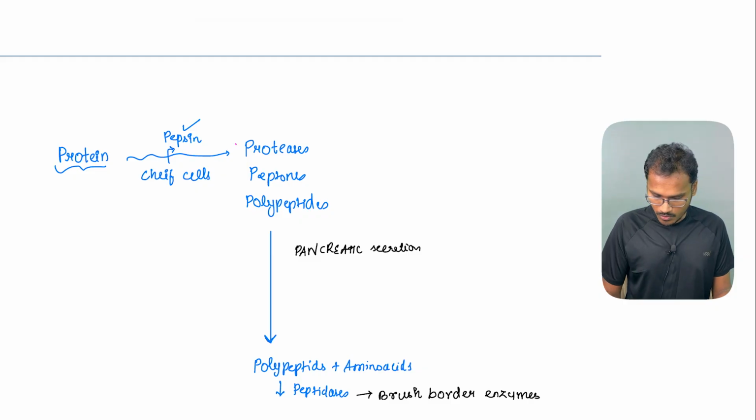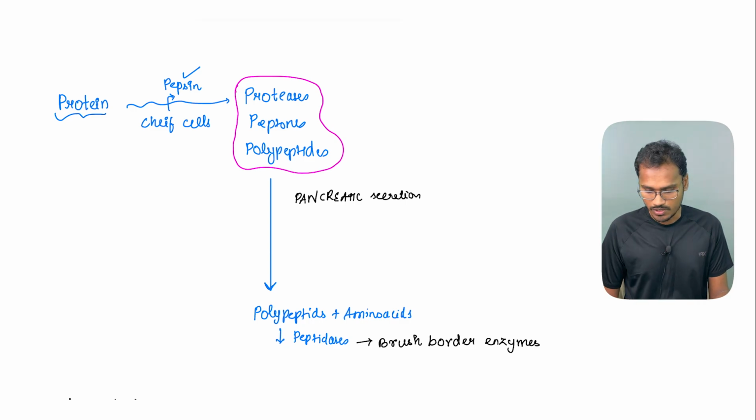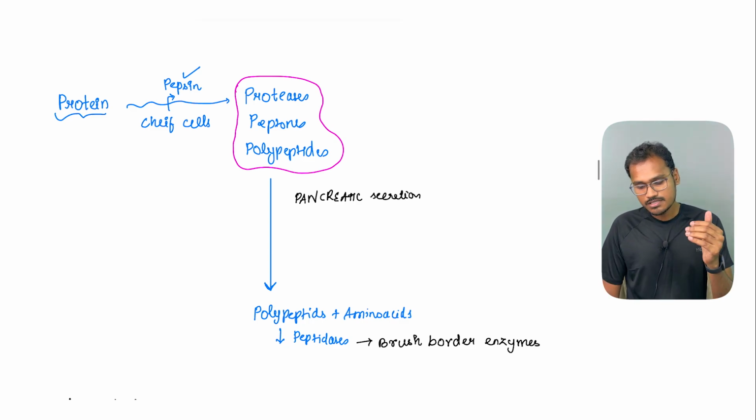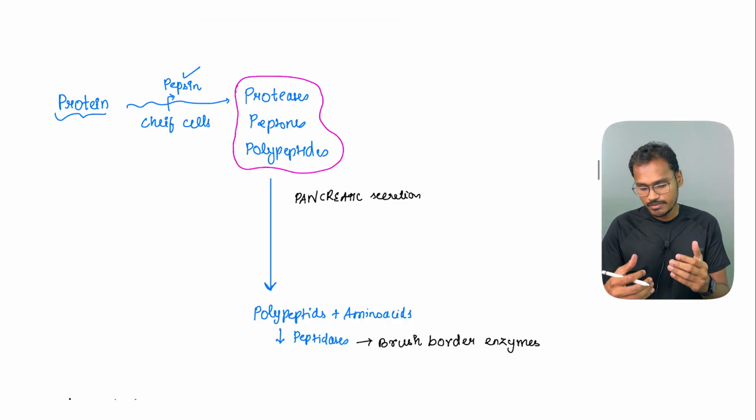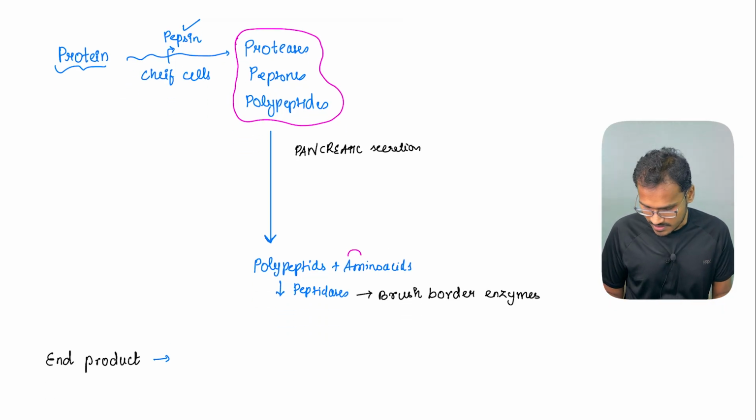They form proteases, peptones and polypeptides, but they cannot form very small molecules. That is done by the pancreatic secretions. All these proteases, peptones and polypeptides will be further broken down into polypeptides and amino acids.